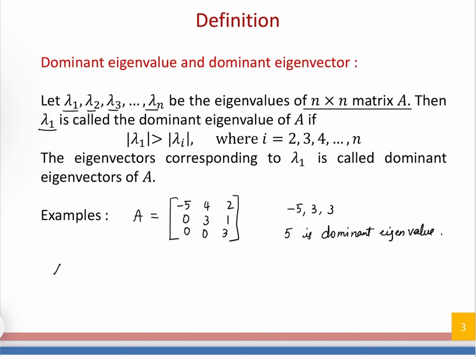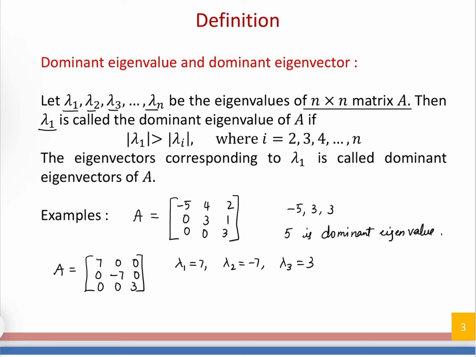Now let's consider this example. Let me consider a diagonal matrix: 7, 0, 0, 0, minus 7, 0, 0, 0, 3. Now in this example, there are three eigenvalues. One is 7, let me call this lambda 1. Lambda 2 is minus 7, and lambda 3 is 3.